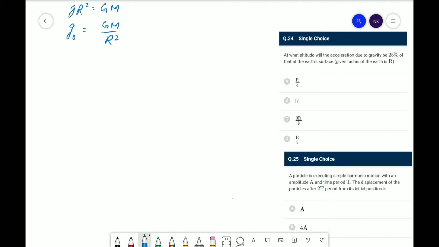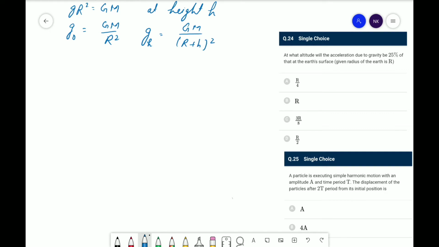Now at some height h, g_h means R plus h, radius of the earth plus height, so GM upon (R+h) the whole square.